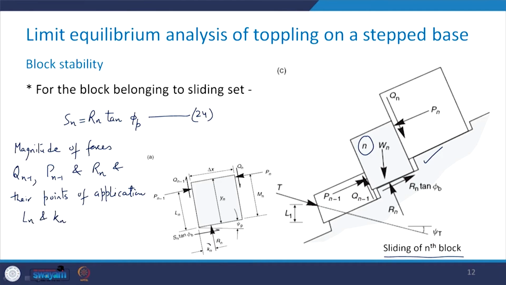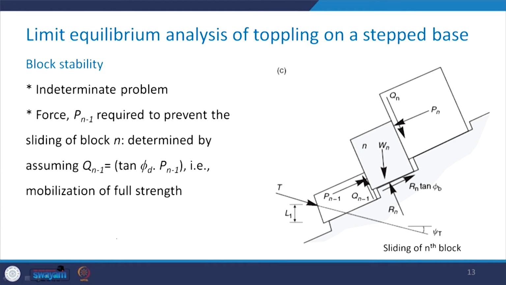You can see here this is your Kn and these are Ln's. So, these are unknown. The question is, if all these are unknown, how will we get the solution? This is a kind of indeterminate problem. In order to make it determinate, we need to have some kind of an assumption.